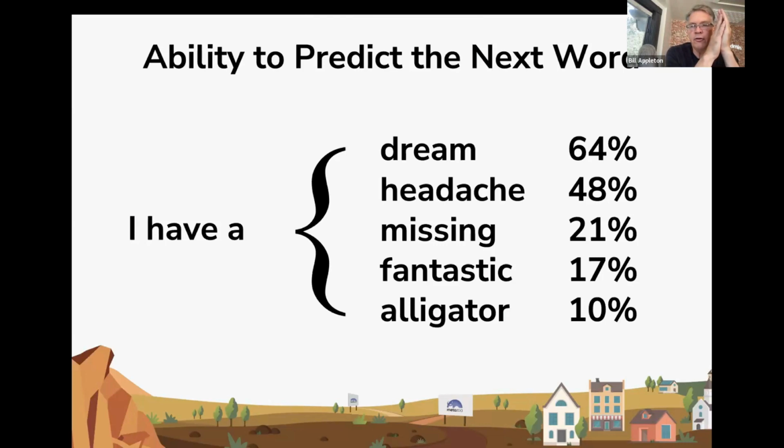And so the first thing I would say is your prompts are kind of riding this probability wave. And every next word in the prompt, you're going to have a percentage distribution of how likely is that word or not likely. And so if you say, I have a alligator, then that word is going to kind of crash the probability of your prompt.